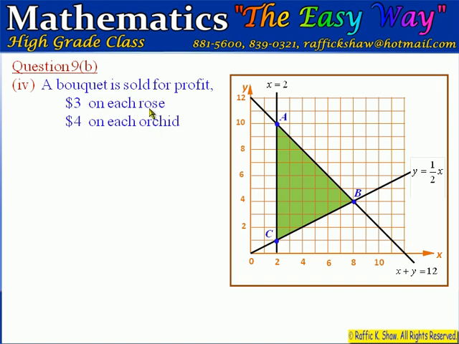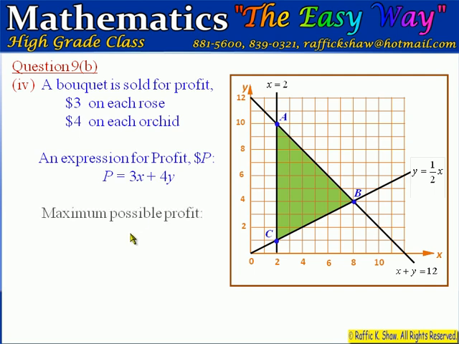Now remember that there are x roses and there are y orchids, and so we can write an expression for the total profit. $3 on each rose, $4 on each orchid means that our profit P can be expressed as P equals 3x plus 4y. $3 on each x, so that's 3x, plus $4 on each y, so that's 4y. So our profit is given by this expression, P equals 3x plus 4y.